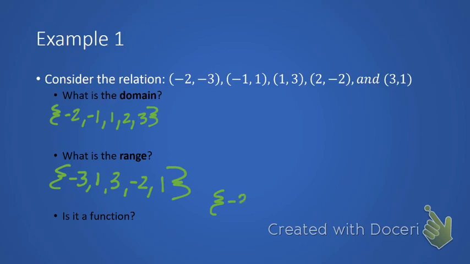-3 is the smallest, then -2, then we have 1, which happens twice, right? If it happens twice, you can repeat it, but you only technically have to write it once. When writing the range, you don't have to write the repeat values. And then we have 3.